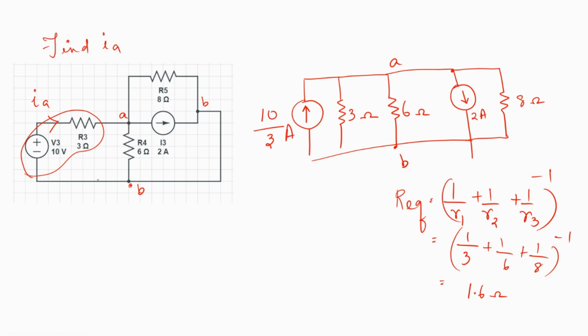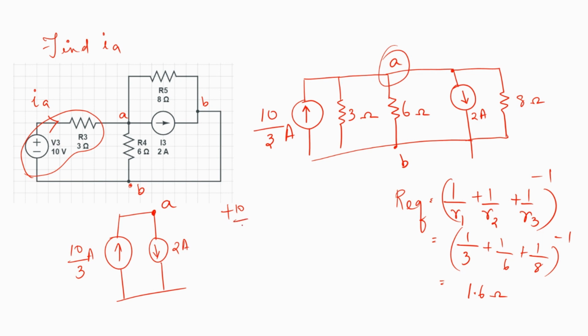Now, the current sources are connected in parallel in this manner. So this is the first one, the 10 by 3 amps, and this is the second one, the 2 amps, which is downwards. So if I want to find out the current here at point A, this node, then I can say it is going to be plus 10 by 3 minus 2 amps.